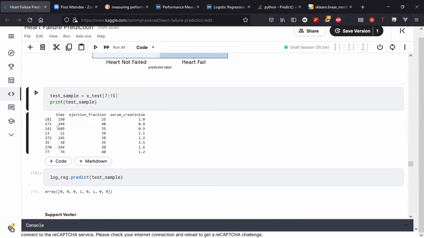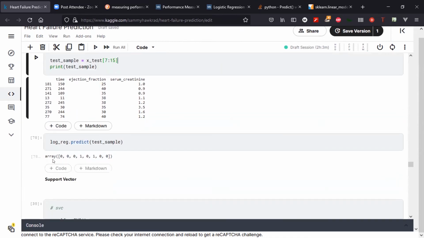So the table here is the data that we are trying to find results for, and the results, in that order from top to down, from left to right here, show the outcome of the prediction. So in the case where we had time 150, ejection fraction 25, serum creatinine 1.0, the person did not die.